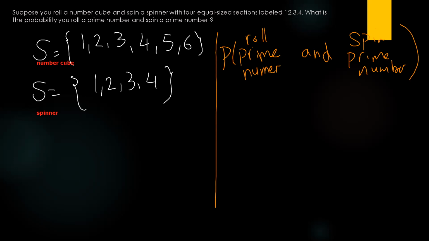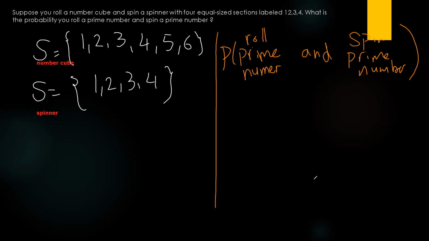You see the word and. The word and means they are dependent or independent. Since we have two different things, a number cube and a spinner, if I choose number 1 on the number cube, it doesn't depend on whether I choose number 1 on the spinner. So this case here will be an independent event.